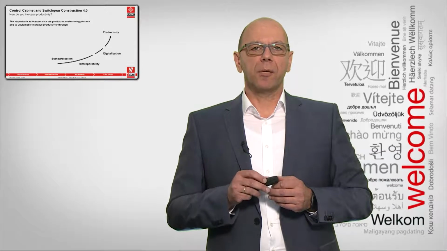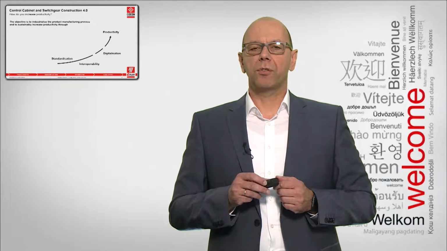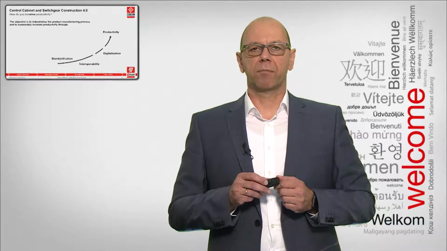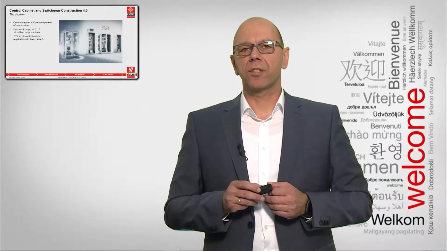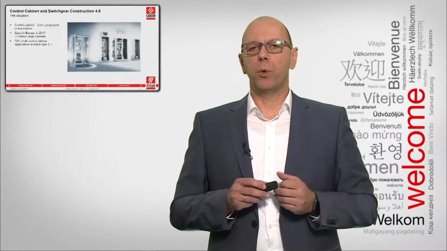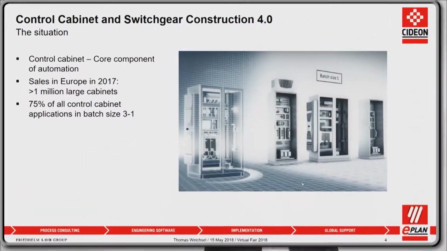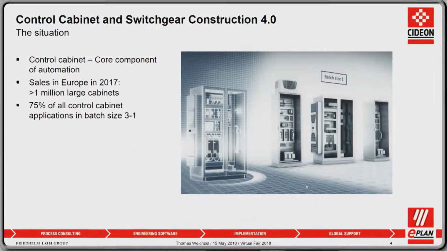So the first thing we have to do is to take care of the current process. When we take a look at this, we have to be aware that the control cabinet is one of the core components of industrial automation. In Europe alone, more than 1 million large cabinets were sold in 2017.